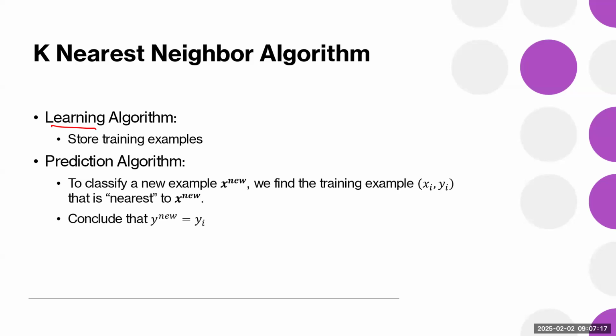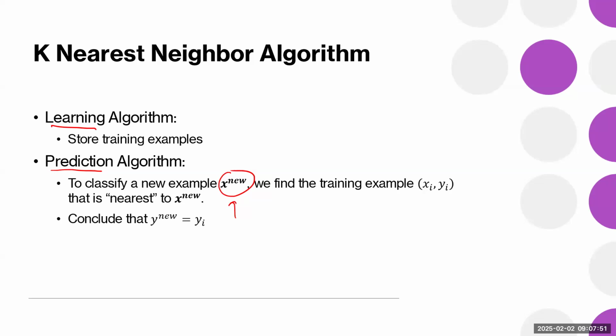And so the main algorithm would be on the prediction. When we see a new example, let's say X new, we have our database. We can search in the database what is the nearest example to this new data.